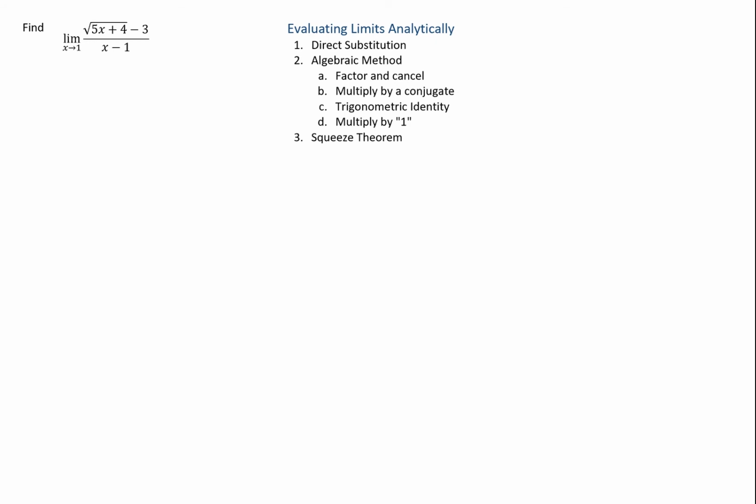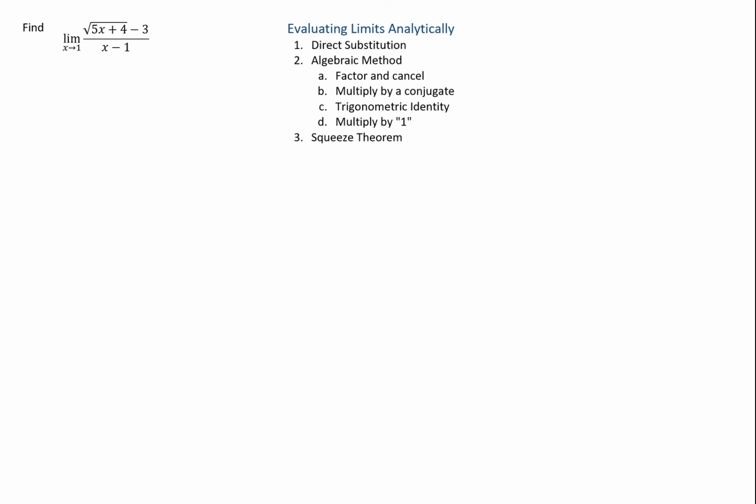And these are all, we're just going to have to look at the problem and see which kind of best fits it. You can factor and cancel, and that works really well if it's a rational function with a polynomial on the top and polynomial on the bottom. So you'd factor each and then cancel out common factors, and hopefully that takes away the problem.